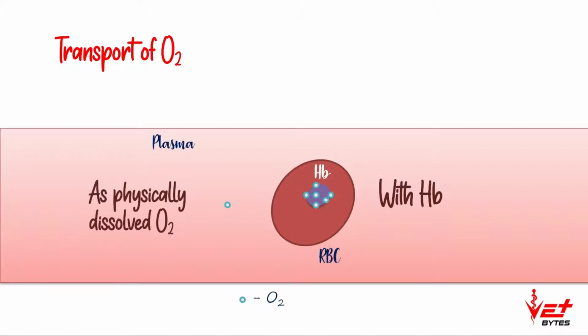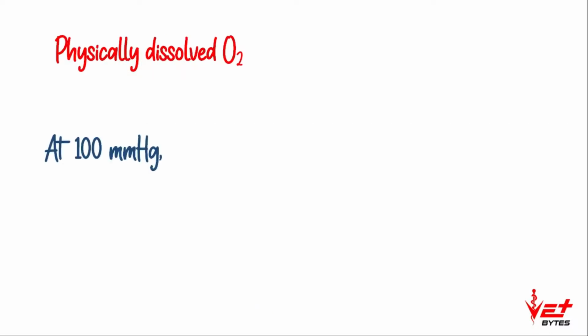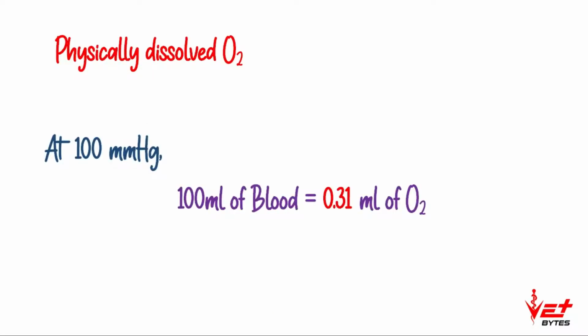The physically dissolved oxygen contributes around 1.5% of total oxygen transport, and the remaining 98.5% of oxygen is transported along with hemoglobin. At a pressure of 100 mm mercury, only 0.31 ml of oxygen can be transported with 100 ml of blood, which is very little in quantity.